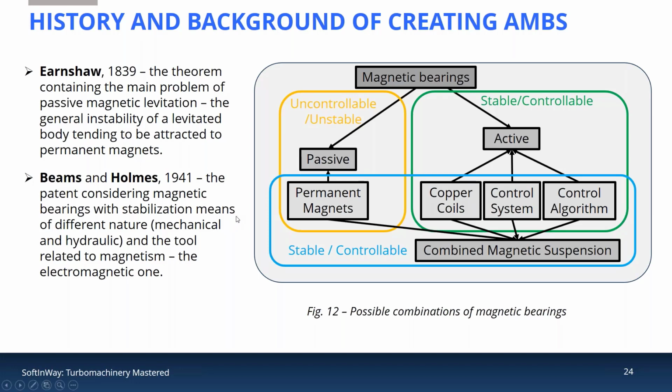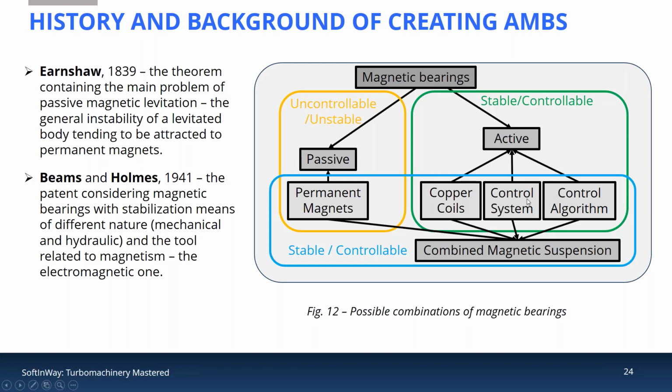This was the beginning of the era of stable magnetic suspensions, including fully active magnetic systems or combined magnetic suspensions with AMBs and permanent magnets. The fully passive magnetic suspension is still unstable in the wide operational range, excluding some specific examples, bearingless motors.